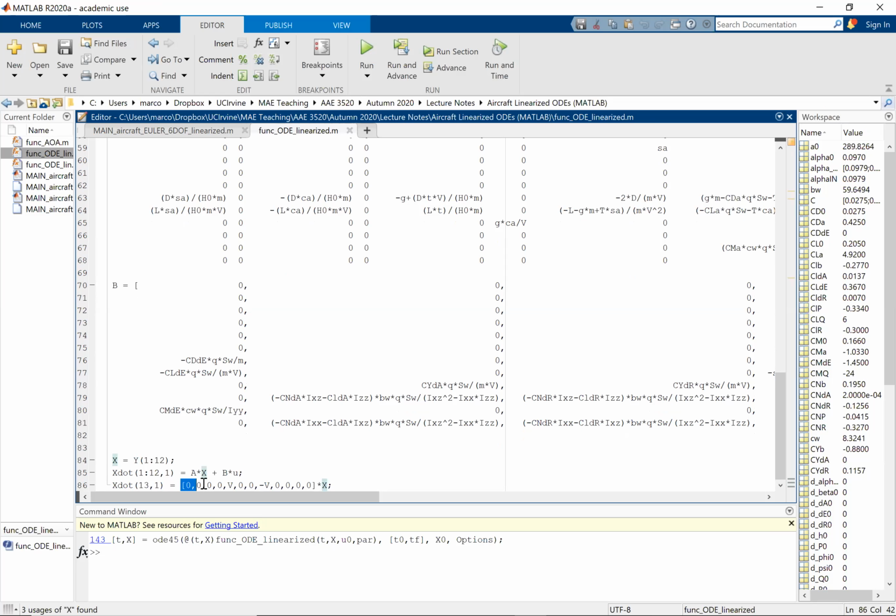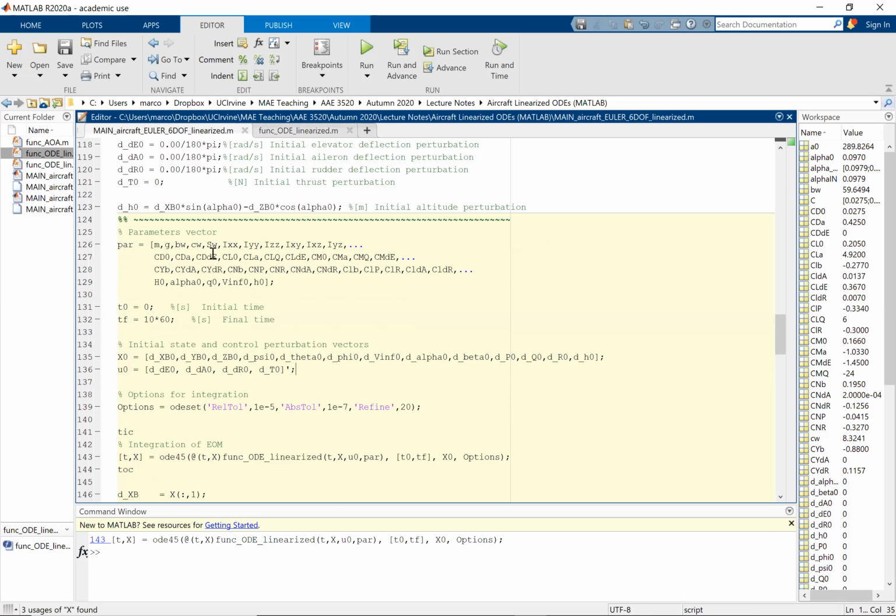So this is a 1 by 12 times a 12 by 1, which is going to be a 1 by 1, so a scalar.